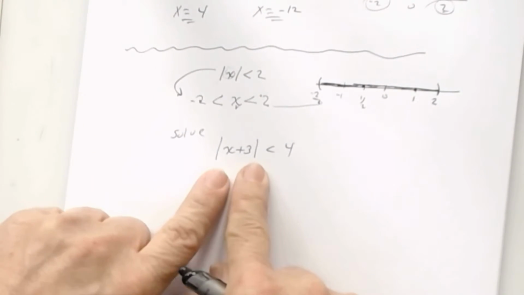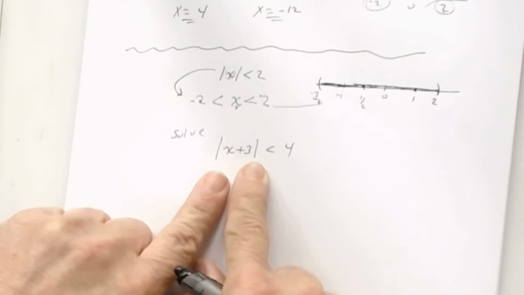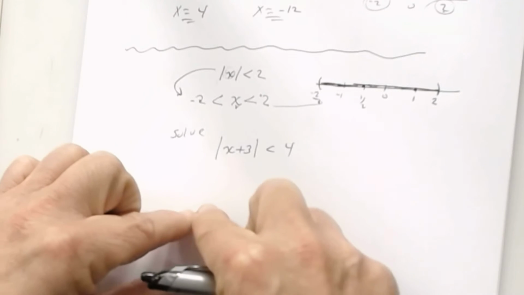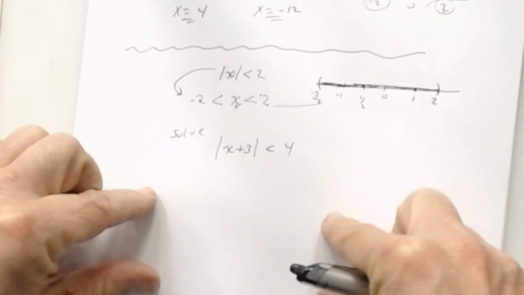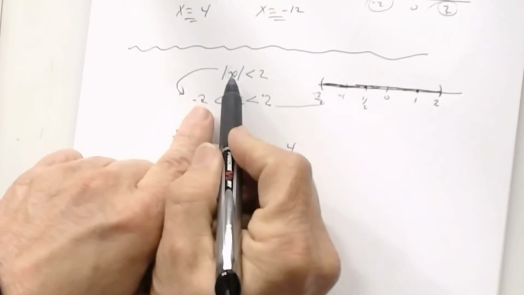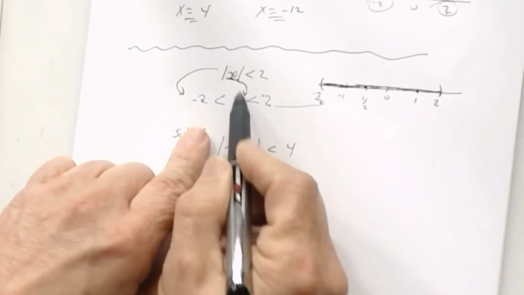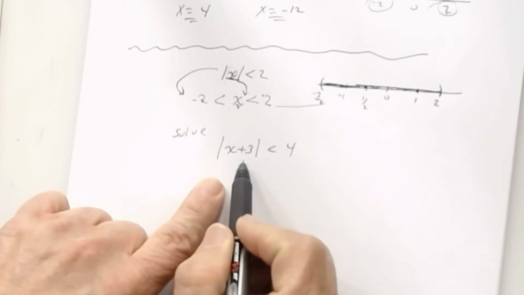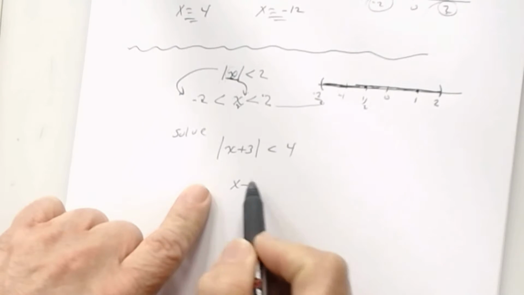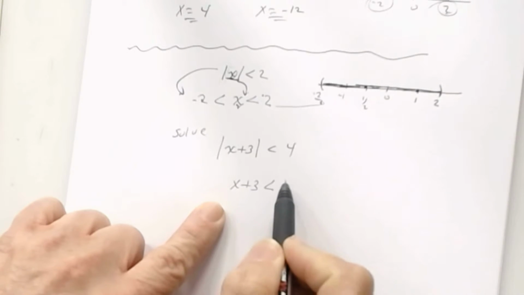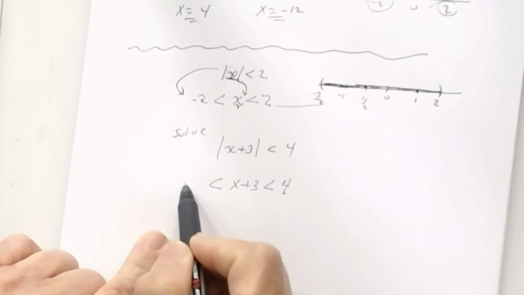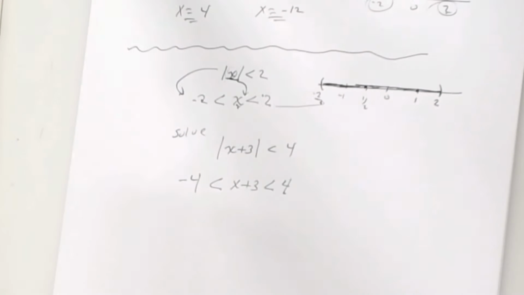Once you get that idea, then listen carefully. Is this an absolute value less than or an absolute value greater than? Less than. So with an absolute value less than, you're going to write it as a compound inequality. This inside expression goes in the middle. What's my inside expression here? x plus 3. So you're going to say x plus 3 is less than 4, and at the same time, it has to be bigger than -4.